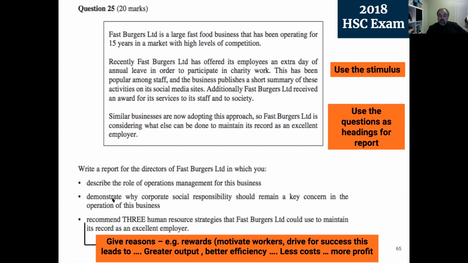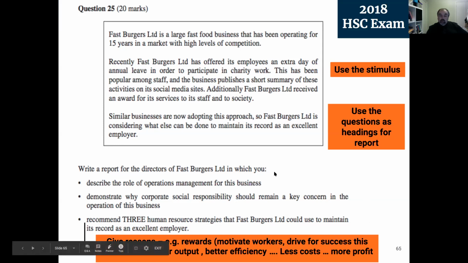The second one, demonstrate why CSR should remain a key concern. Okay, so a bit of a longer question, but we could just simply have corporate social responsibility, something along those lines. And then we've got recommend 3 HR strategies. So that could just simply be human resource strategies. Okay, they could maintain its record as an excellent employer.